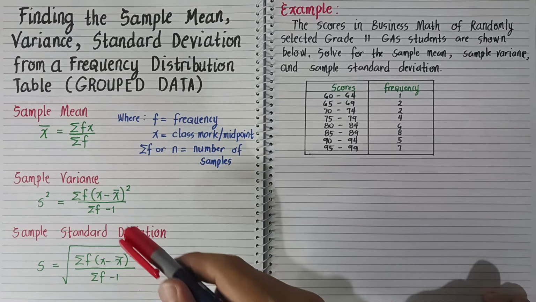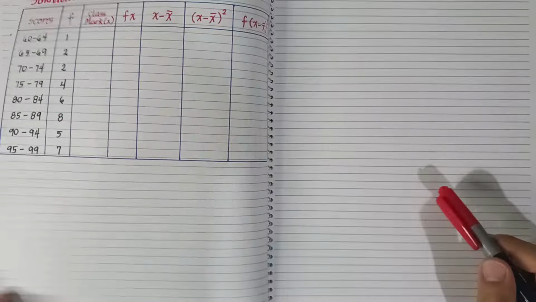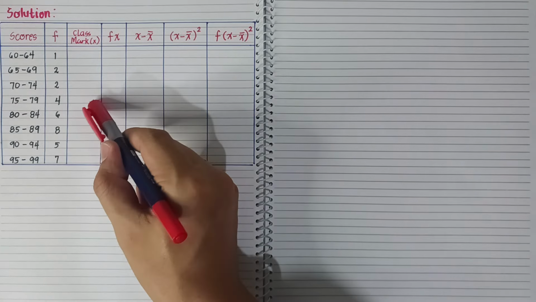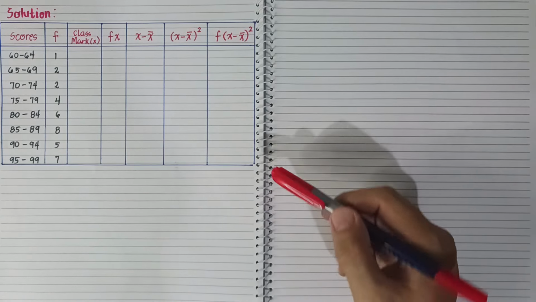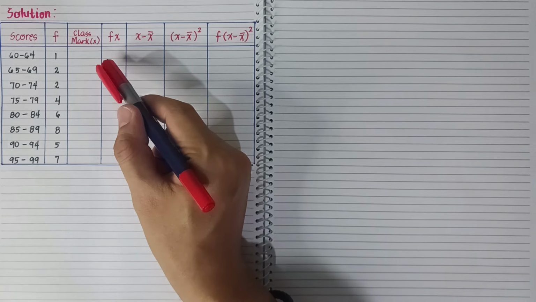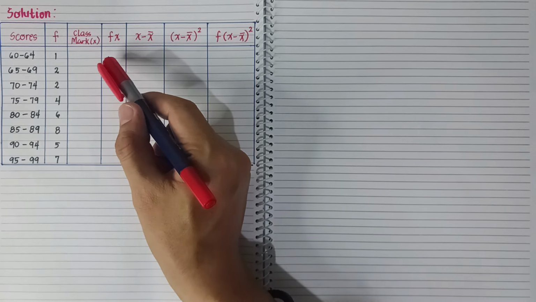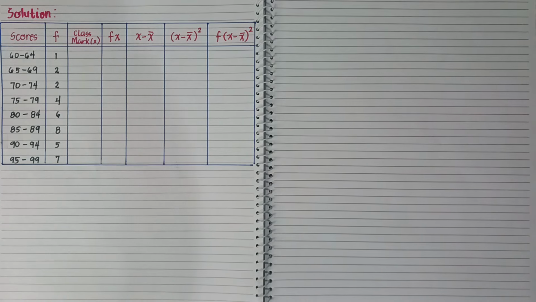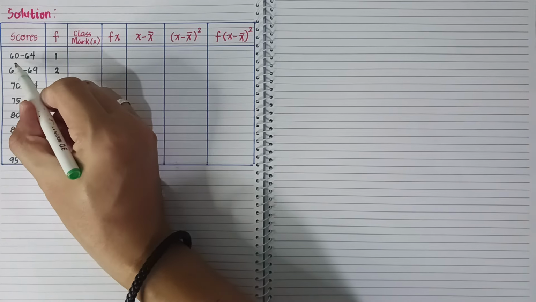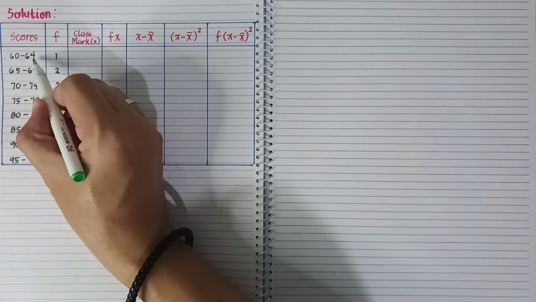Tandaan natin yung formula natin. To find the class mark or midpoint, ibig sabihin, i-add natin yung lower boundary plus upper boundary and then divided by 2.